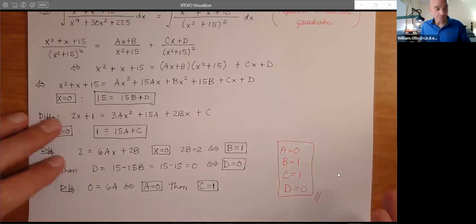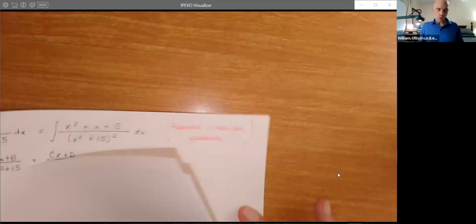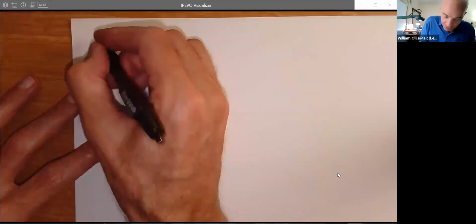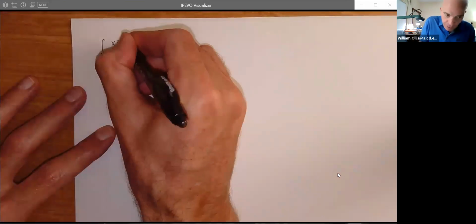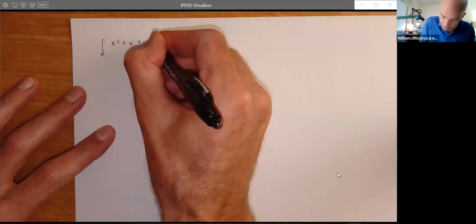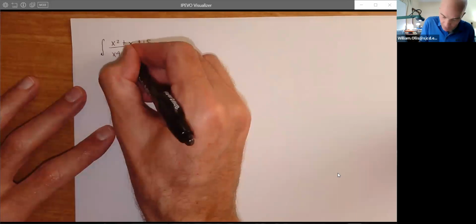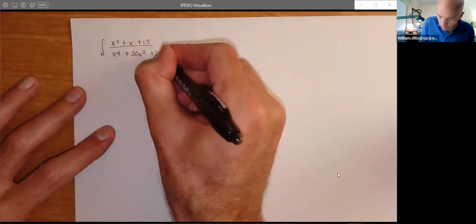So now let's finish. Let me get another sheet of paper here. Let's take what we have and fill in our integral. So we have our integral right now. Let's go ahead and write it down. The integral of x squared plus x plus 15 over x to the 4th plus 30x squared plus 225 dx.